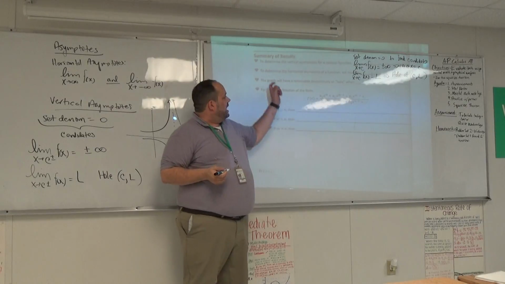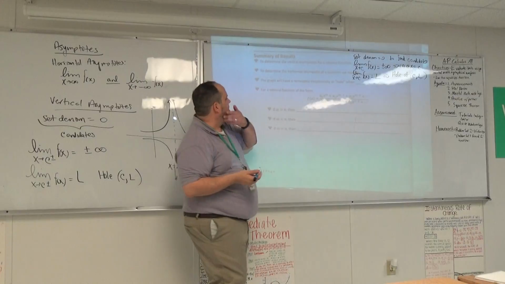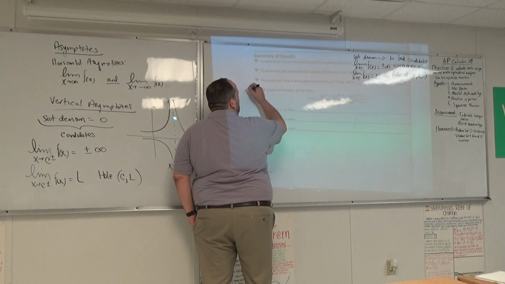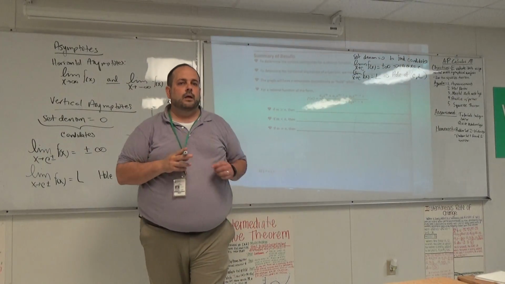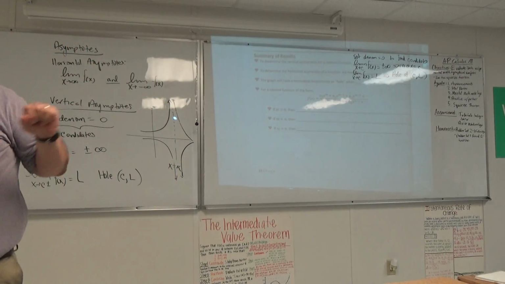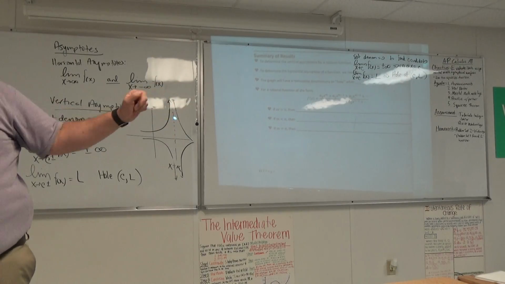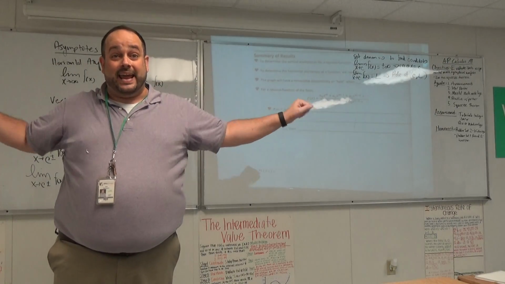All right, horizontal asymptotes, where do those come from? Andrew, where do we find horizontal asymptotes? Looking at the degree of the denominator and numerator. Okay, but what is it that you're doing? If you're going to find a horizontal asymptote, I want you to think about end behavior. I'm not sprinkling pixie dust here.